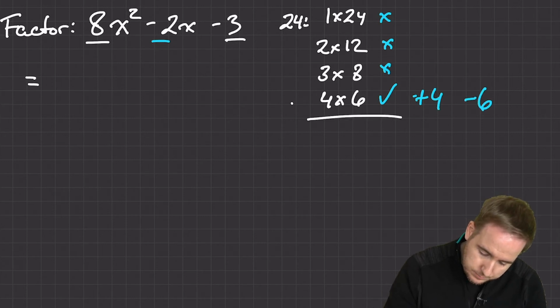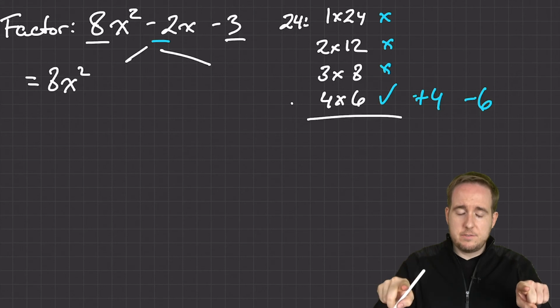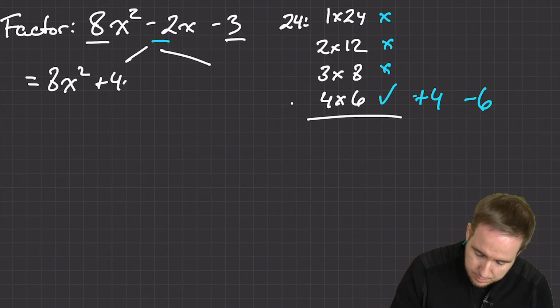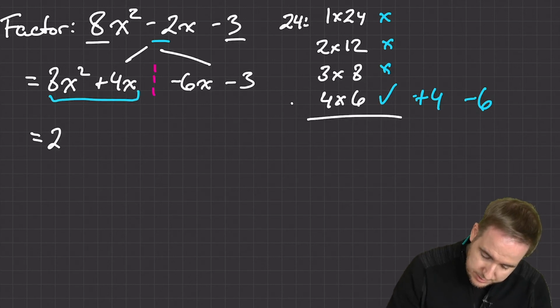So 8x squared. This splits. I do like the lines of splitting them because it actually shows you where each piece is coming from. Imagine a line down the middle. Look at the first half. 2 and x can be pulled out.